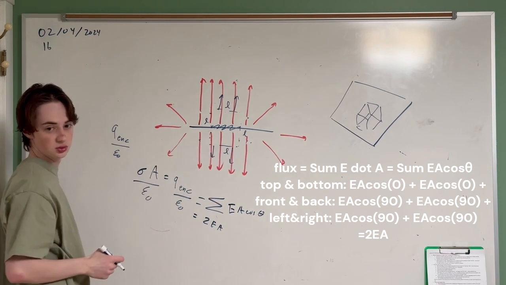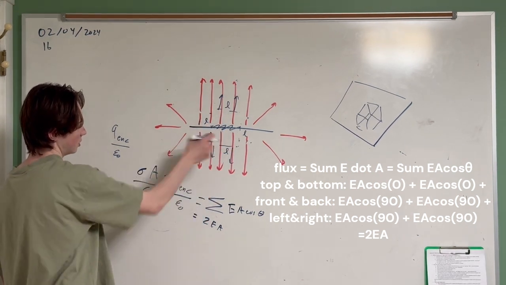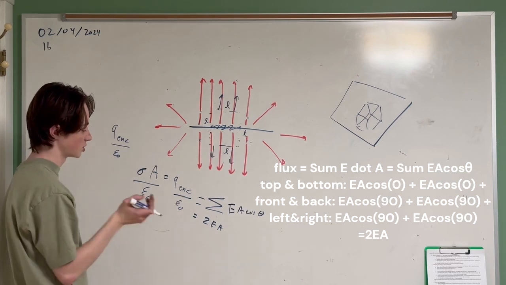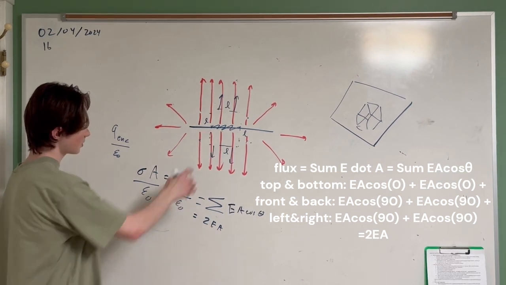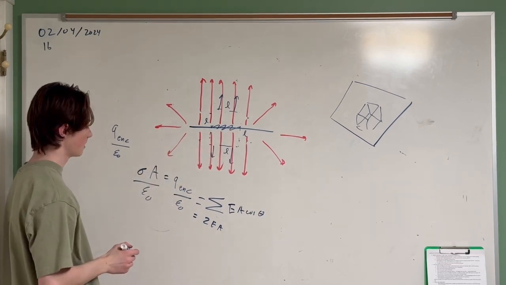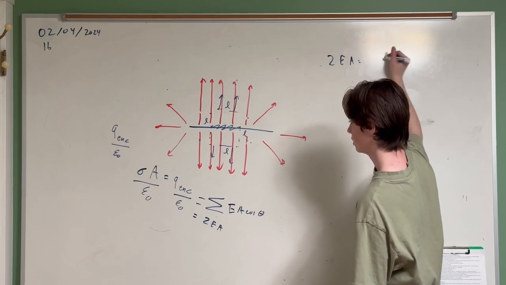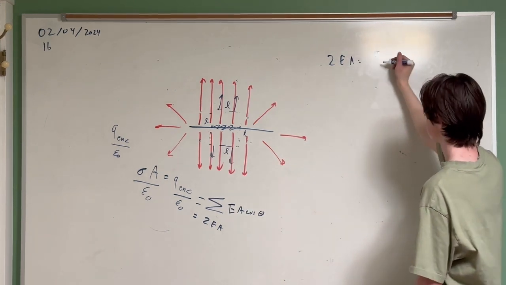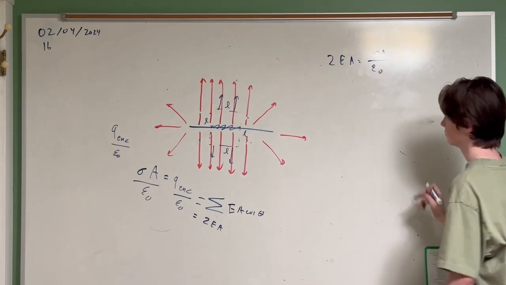We have two faces, and the electric field is going to be the same on both of them, we're assuming. And the area is equal to the area in the center. So we know that 2EA equals charge distribution times area over epsilon naught.